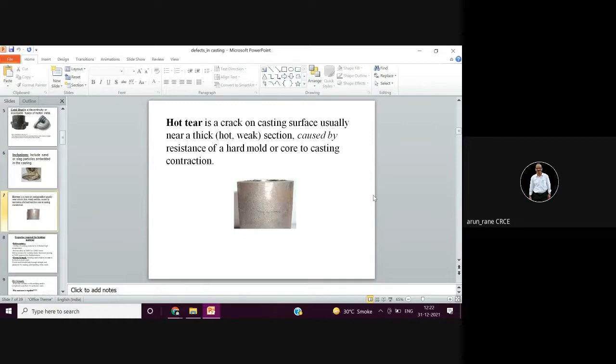Hot tear is nothing but a crack. This is what your crack is. Usually it is observed near a thick section, not a thin section. Remember, out of thick and thin sections, thin sections are always better if you talk in terms of thermodynamics or heat dissipation.